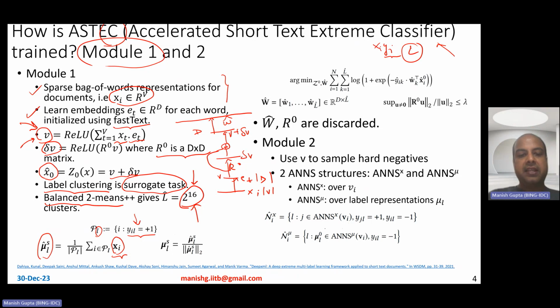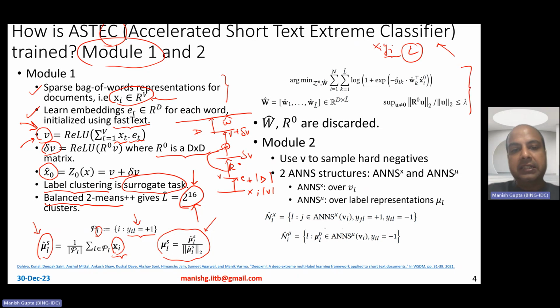Remember, xi was a bag of words representation. You take the average representation, and that gives you a representation for the label. Of course, you take the unit vector in that direction, just like you do in parable. And then you do balanced 2 means clustering so as to get 2 raised to 16 clusters. And module 1 literally does this.